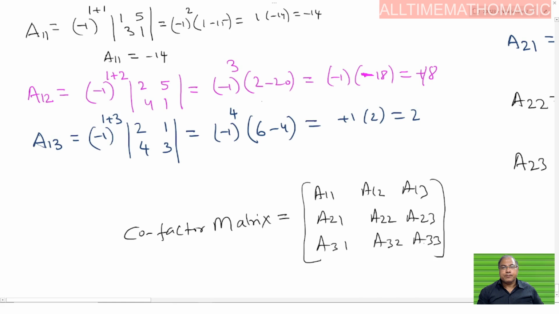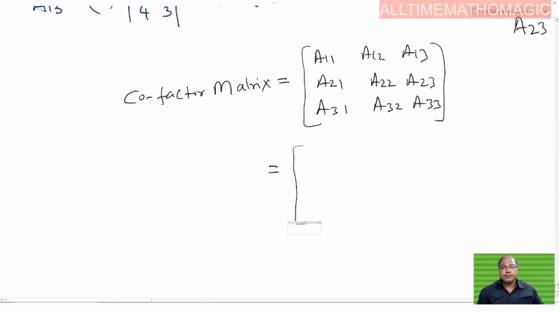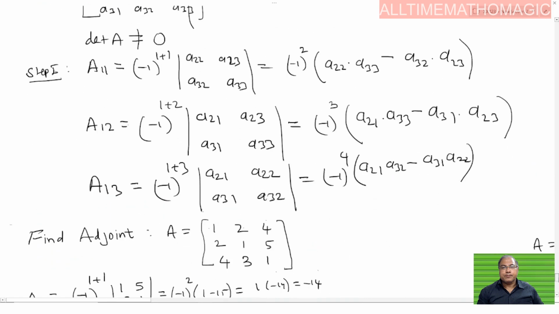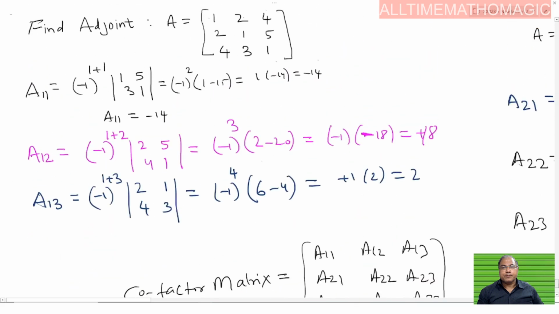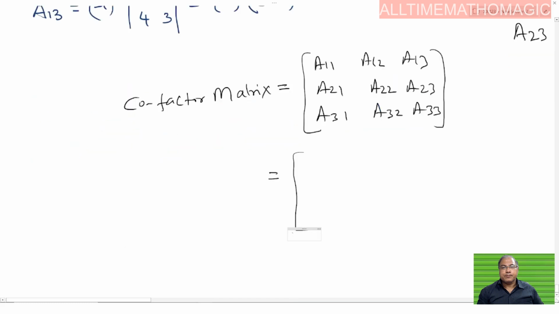Now we will put the respective values of all cofactors. What is the value of A11? The value of A11 is nothing but minus 14. So we write here minus 14.